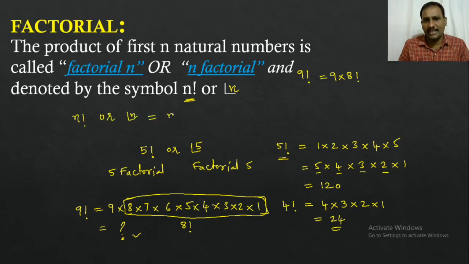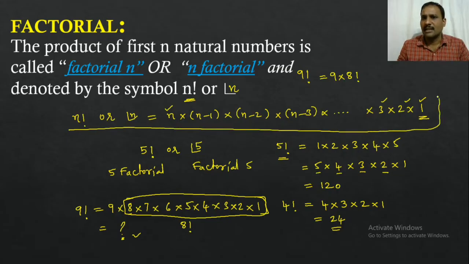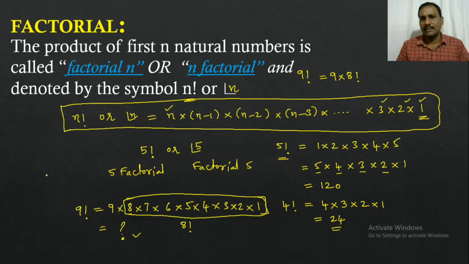This can be written as n into 1 less than n, that is n minus 1, then n minus 2, n minus 3, and so on up to 3 into 2 into 1. As the natural numbers start from 1, that is 1 into 2 into 3 and so on up to n. So the product of first n natural numbers is known as n factorial or factorial n.